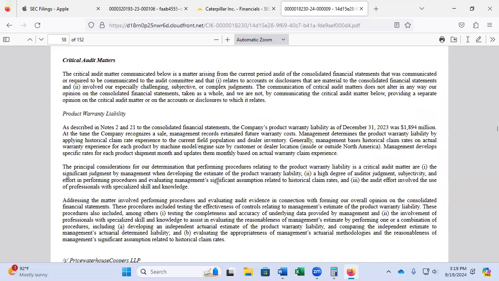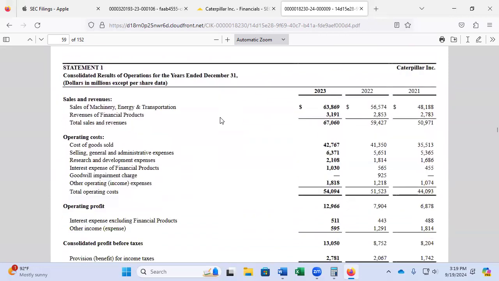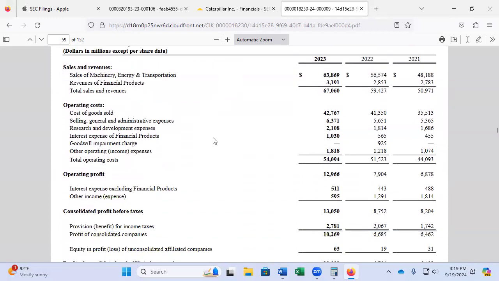So if you ever need an example of it, you can see what the auditors are bringing to the attention. So they sign off on the financial statements and on the controls. And when I say sign off, management is responsible. The auditors just audit it based on procedures.